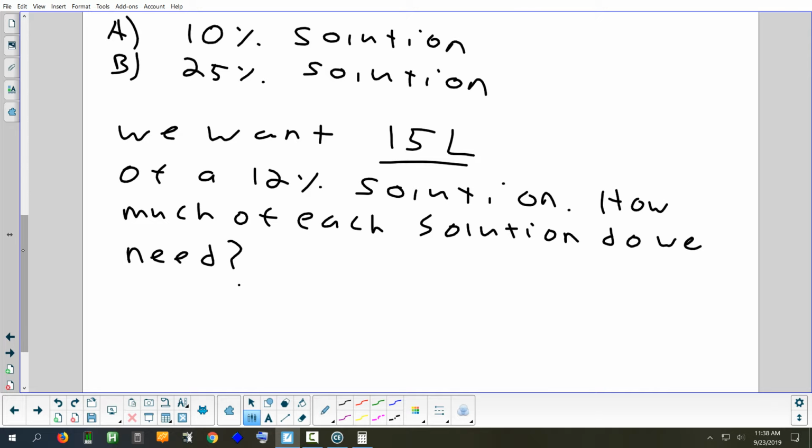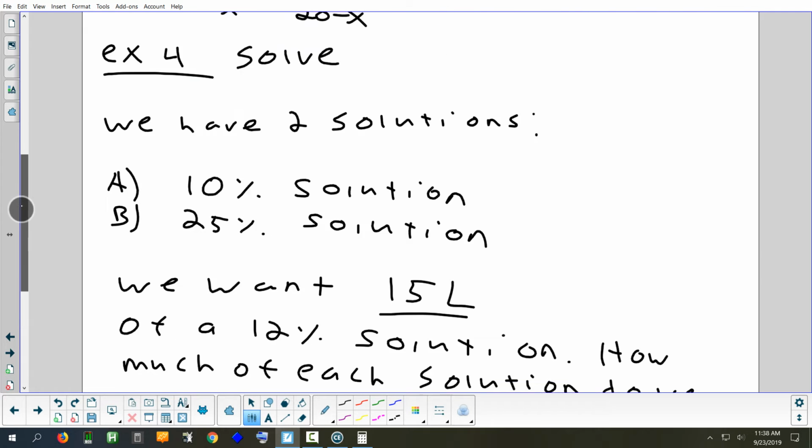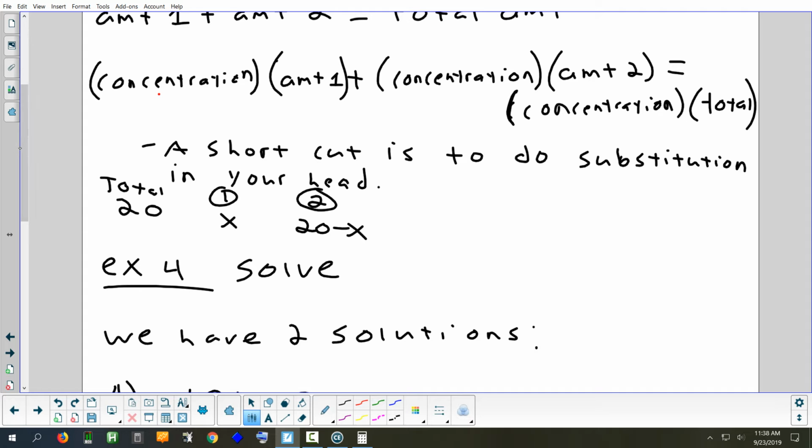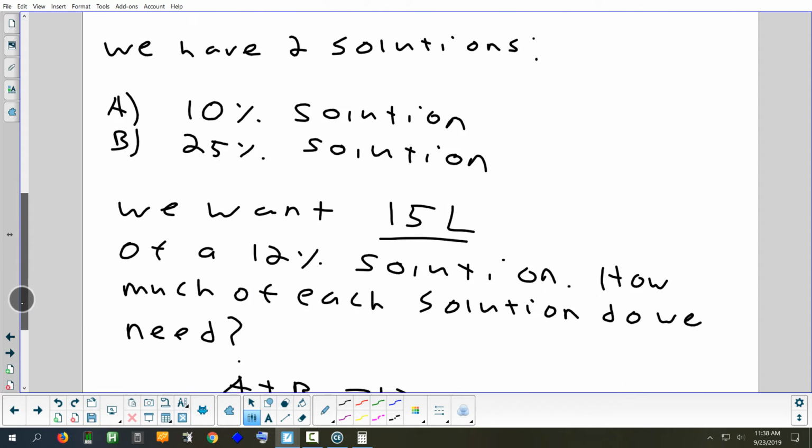Would be 15 equals A plus 15 minus A. Let's just do it even simpler. But yes, if you add up how much from the first solution and the second solution, it's going to total 15. Now the next one is concentration times amount plus concentration times amount.